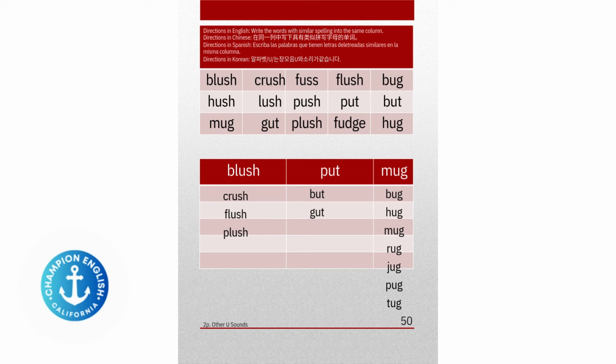What words rhyme with mug? Did you write bug and hug and rug and jug and pug or tug? Good job, students. If you at least wrote 5 or 6 words, you are doing excellent. All right, let's go on to the next section.